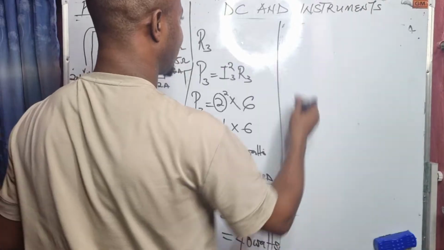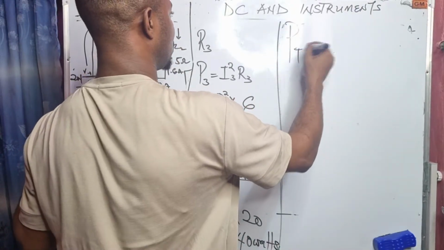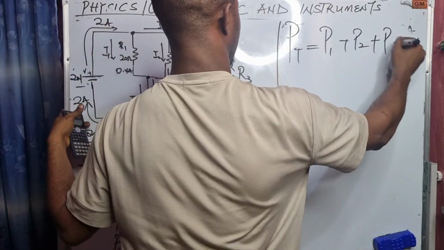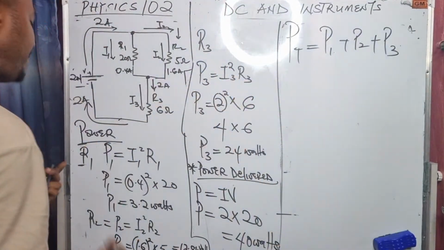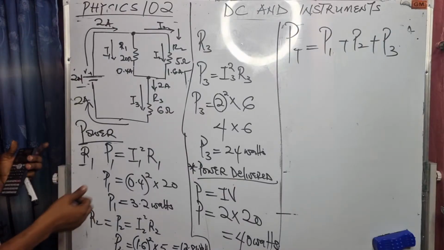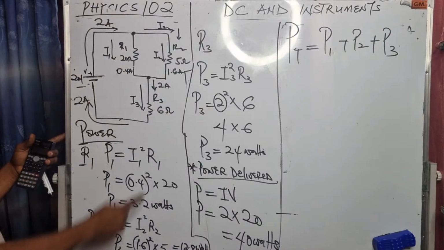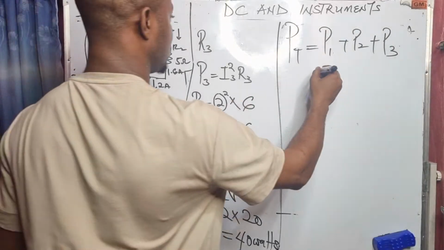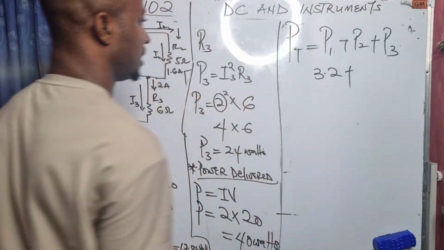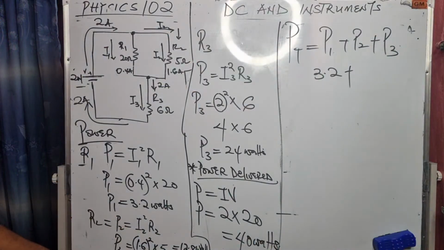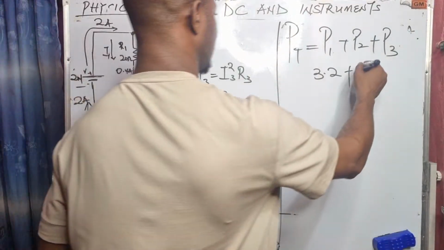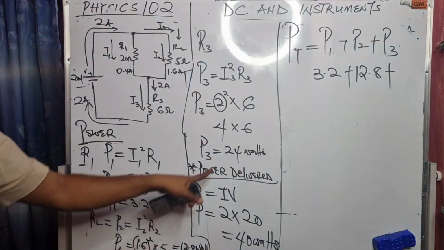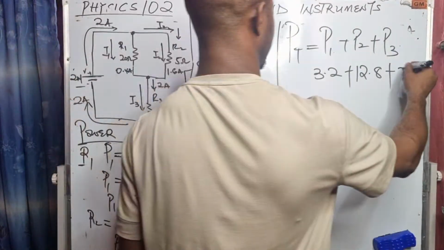And that way, alternatively, power delivered by the battery can also be given as P total equals P1 plus P2 plus P3. Meaning the power absorbed by R1 is our P1, which is 3.2, plus power absorbed by R2, which is 12.8, plus power absorbed by R3, which is 24.